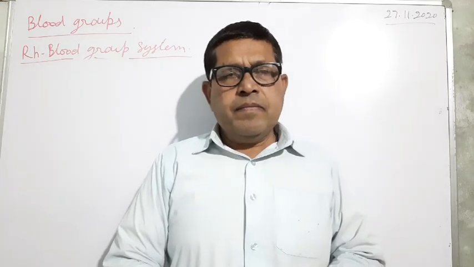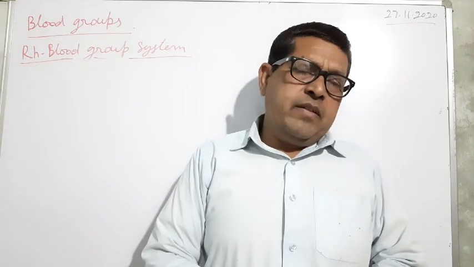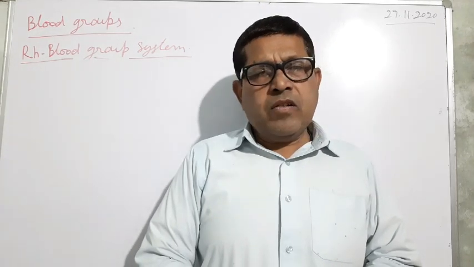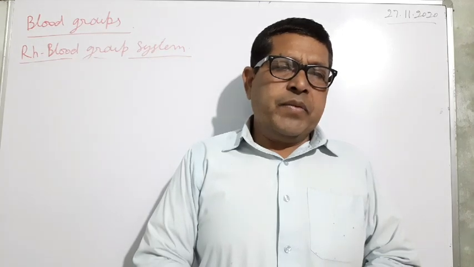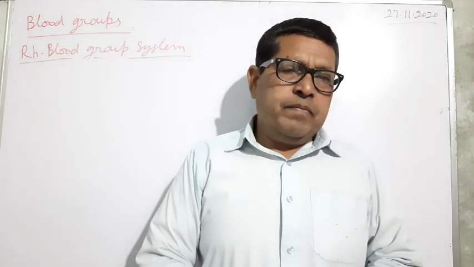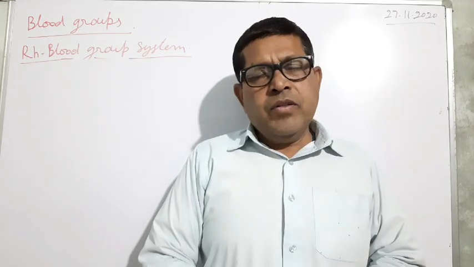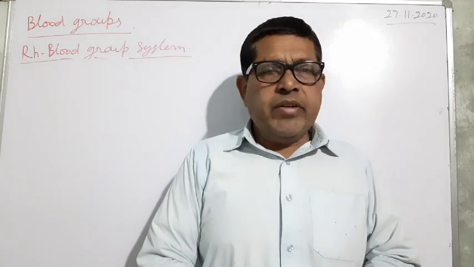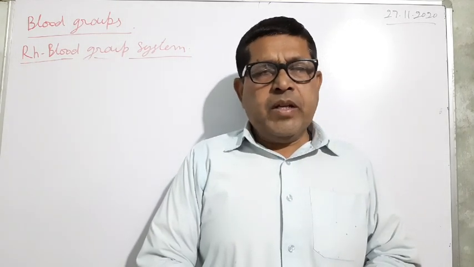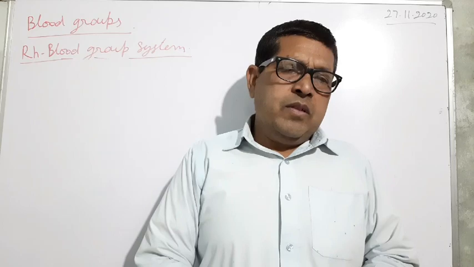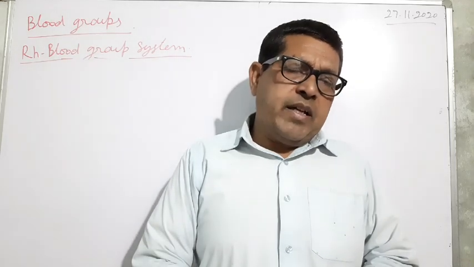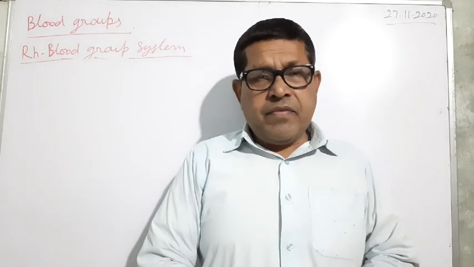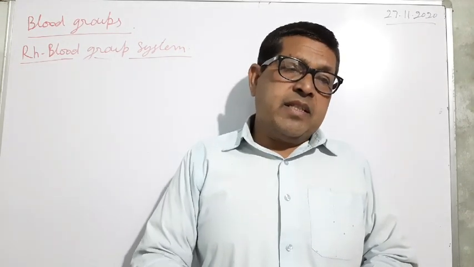Since its amount is very small, the first delivery will be normal, but at the second and subsequent deliveries, a sufficient amount of anti-RH is formed in the mother's blood.